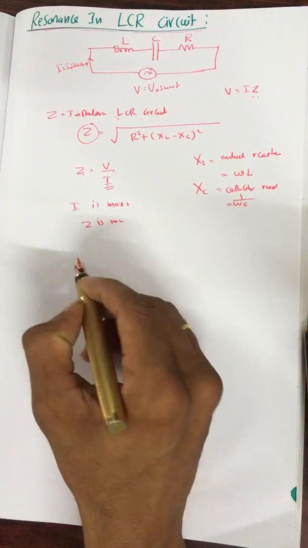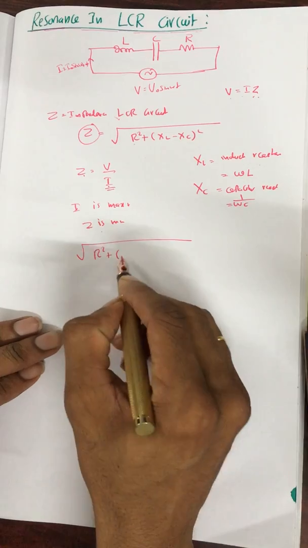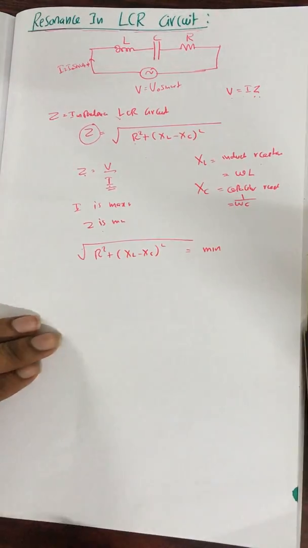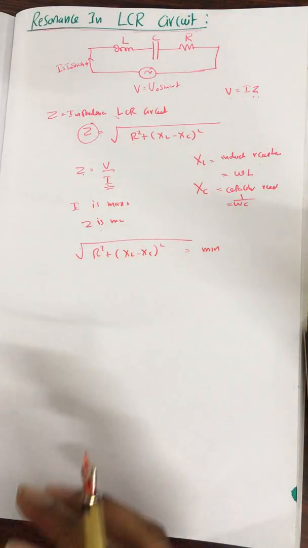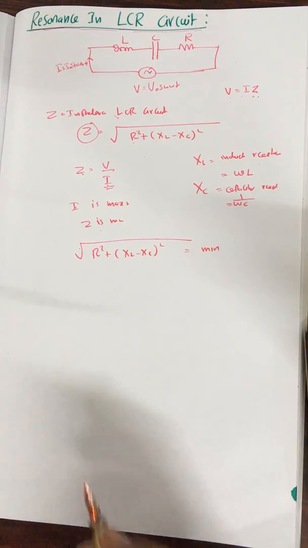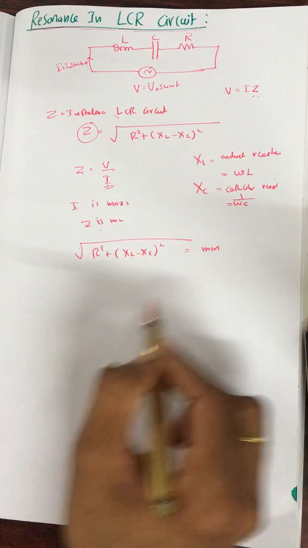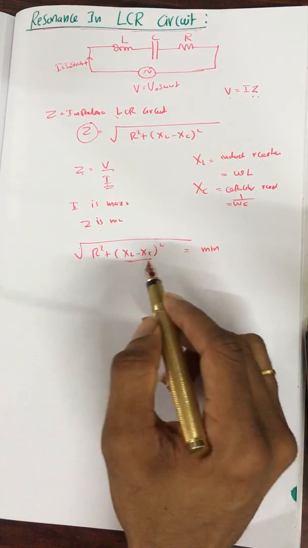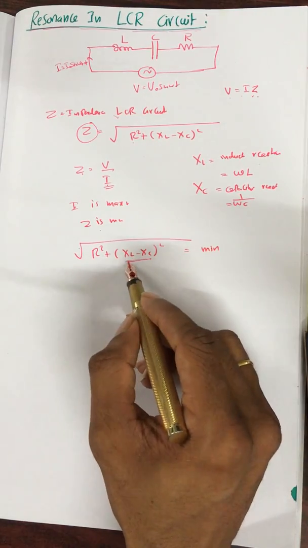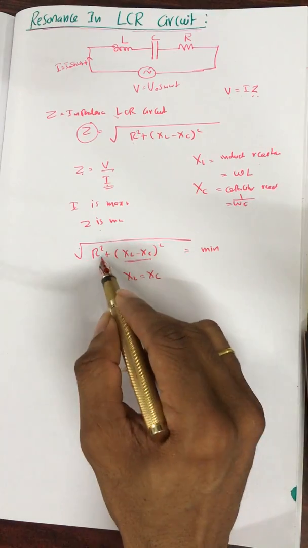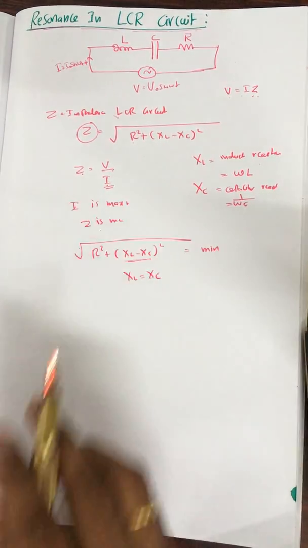So the whole term, the square root of R square plus XL minus XC whole square, is minimum. Now I have to get a condition for resonance for the LCR circuit, a combination of inductor, capacitor and resistor. The whole term is minimum only when these two are equal. So you can make the whole term as minimum as possible when you make XL equal to XC, so that the whole term becomes 0 and the total is just R square, which is minimum.